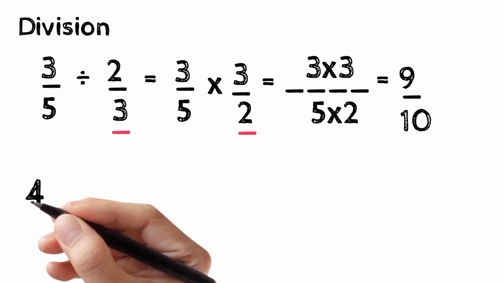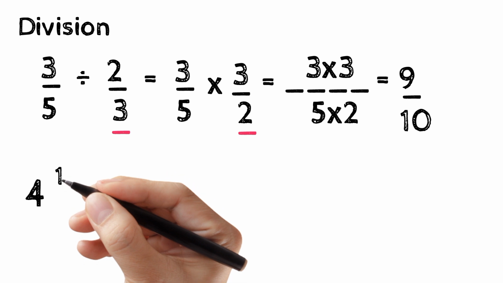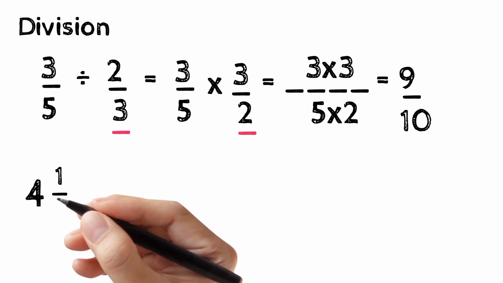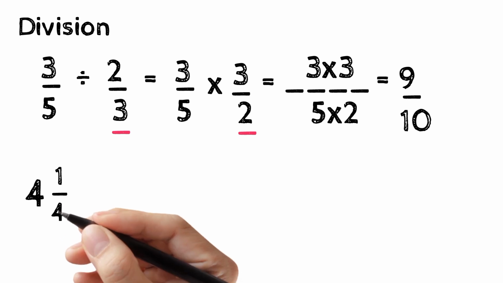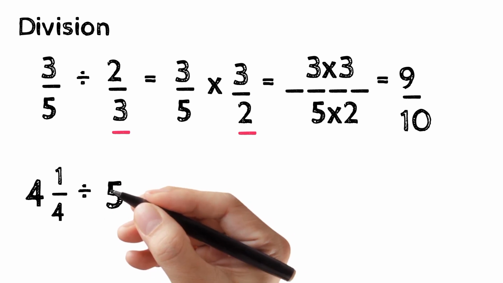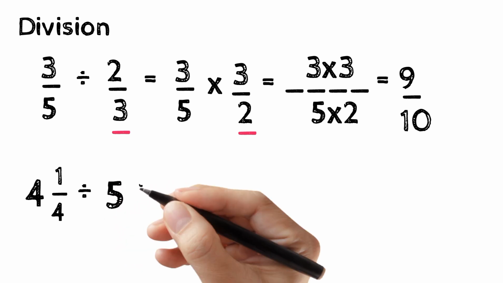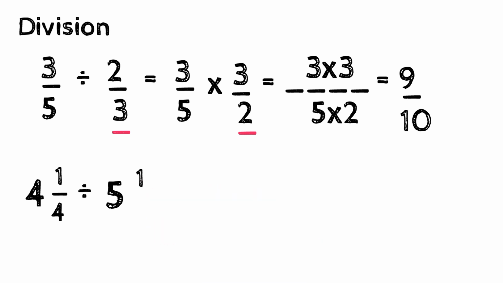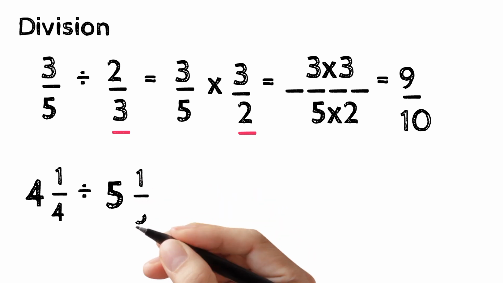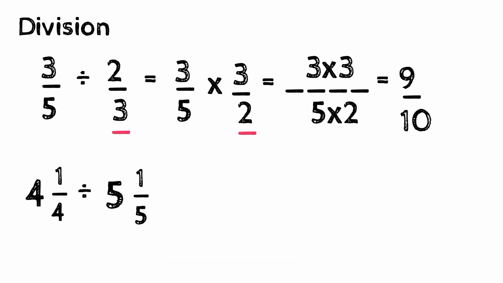How can we divide mixed fractions now? 4, 1 over 4, then divide by the other 5, 1 over 5.